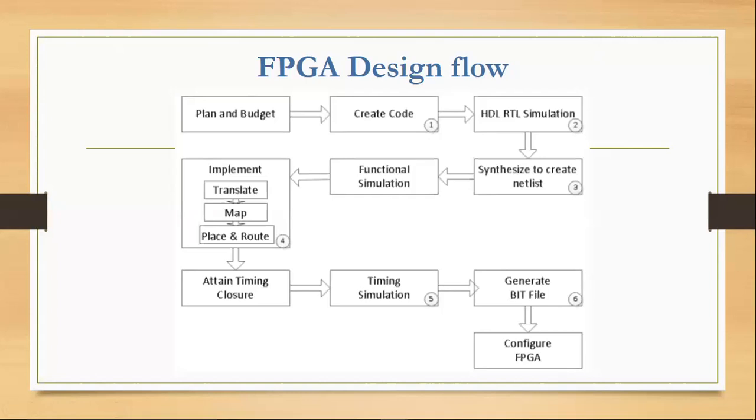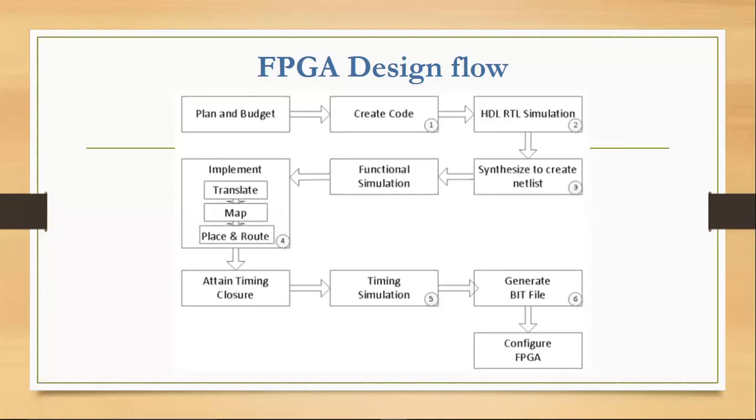So these three steps are done at the implementation level. After this implementation, the next step is to simulate with timing constraints to get timing closer to real time. That's the timing simulation.